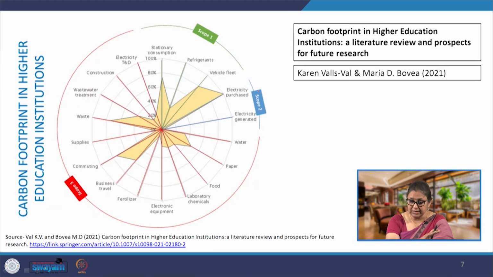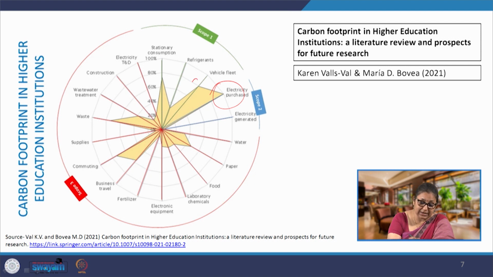Now, this is a generic understanding of how much emissions are coming from which activity. So, what we have done is we have seen the different activities which give us emissions. Now, looking at the specific numbers, we see that the maximum amount of emission is coming from electricity purchased. And again I repeat, the majority of this electricity which is purchased is going into maintaining a comfortable environment within the buildings.